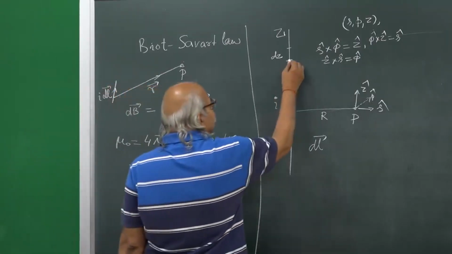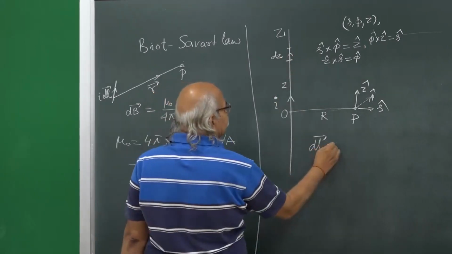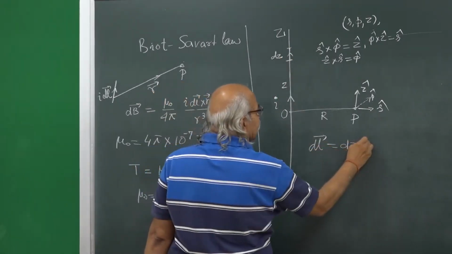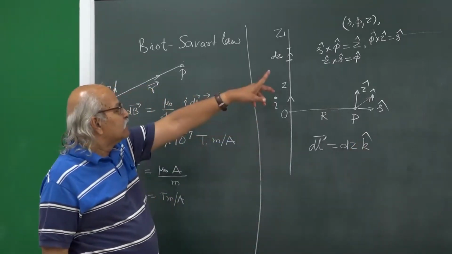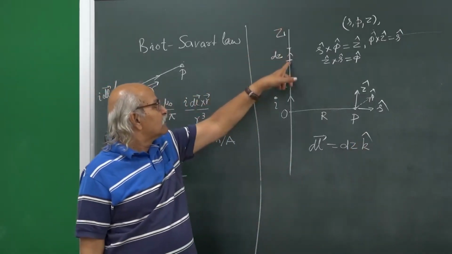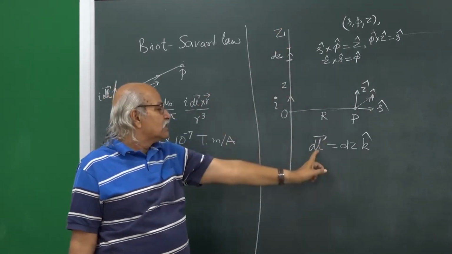So this is our dz, this will be our dl. So dl will be dz k cap. K cap or z cap, same thing: the unit vector in the z direction is written as z cap, and also as k cap. So this dl is this.